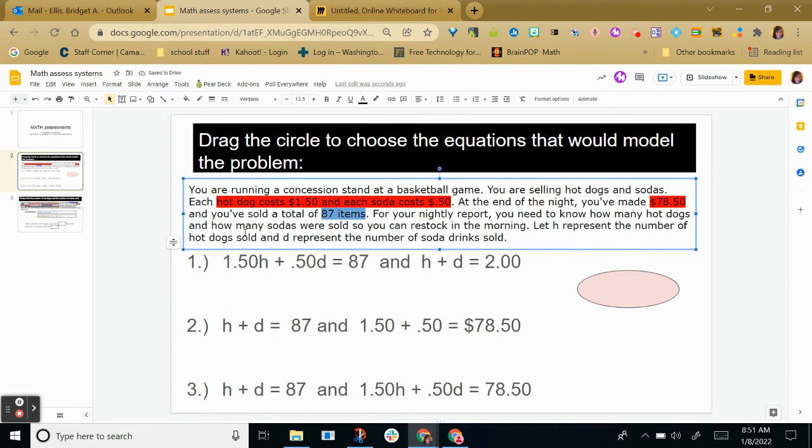Now, I don't see any other numbers. Remember, I need 3 things to make an equation. So 87, what do you think is going to go with the 87? Give it some thought. I'm going to give you a hint. What kind of items did you sell? In other words, what things added together equal 87?